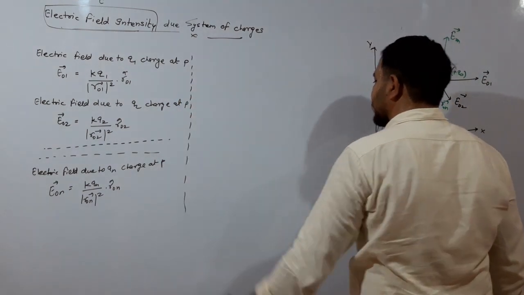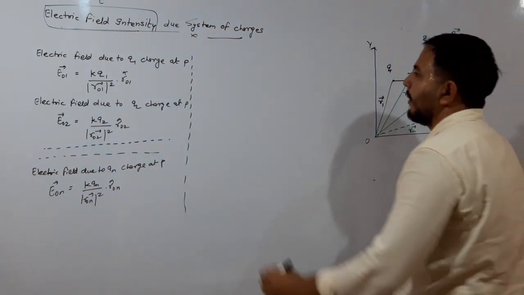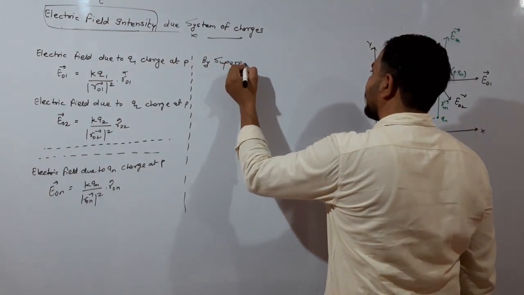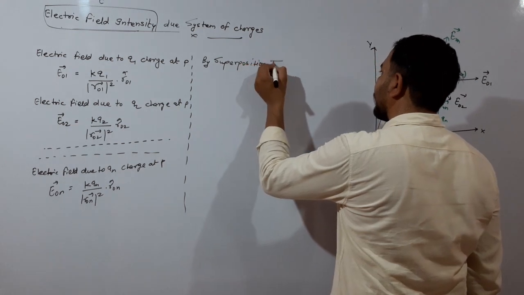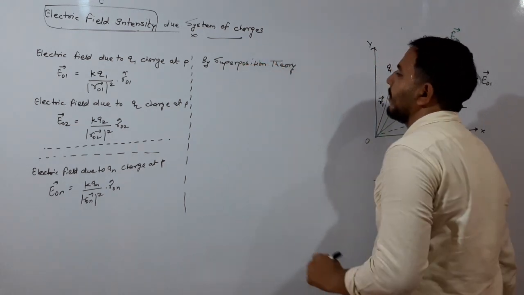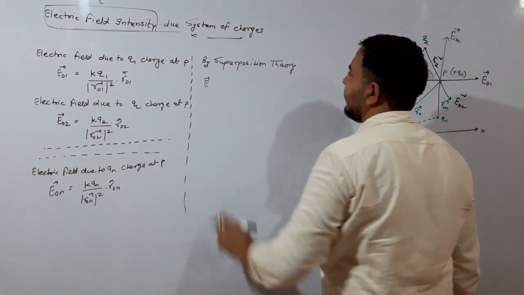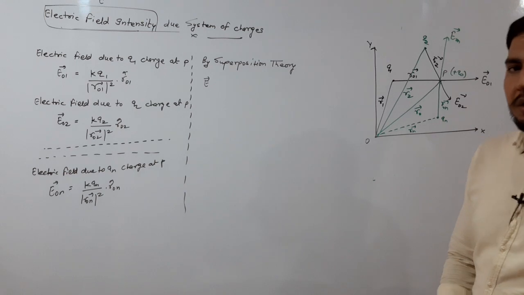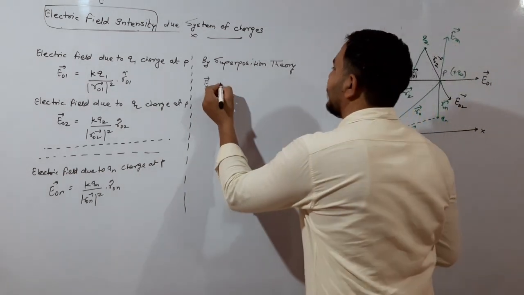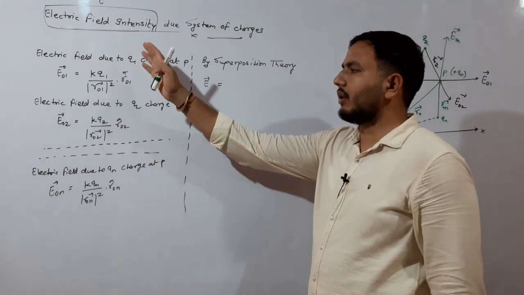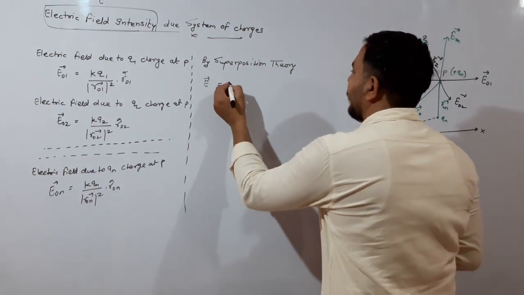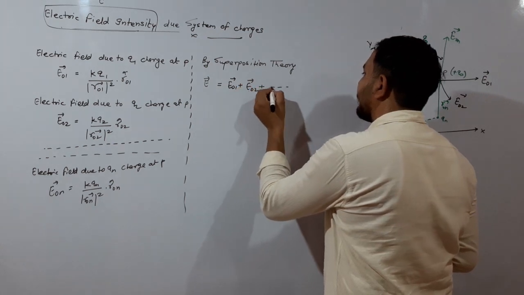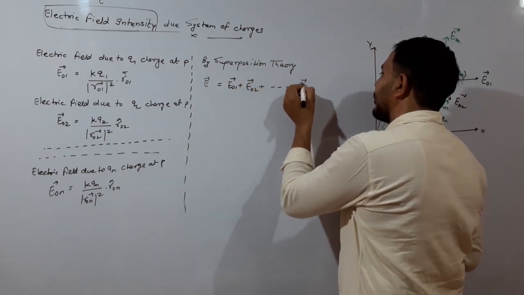We studied the superposition theory in the last part of electrostatics. By the superposition theory, the electric field is a vector quantity, hence the resultant or total electric field is equal to the vector sum of all the electric fields, E naught 1, E naught 2 up to E naught n.